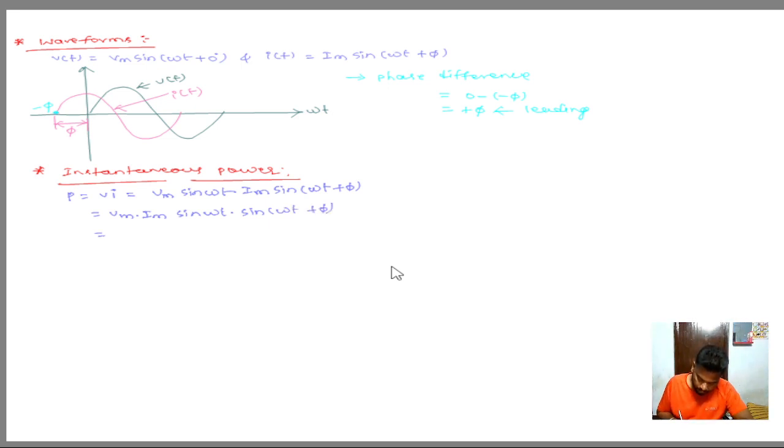Before that, we write Vm Im 1 by 2 cos of A minus B, that means omega t minus omega t plus phi.